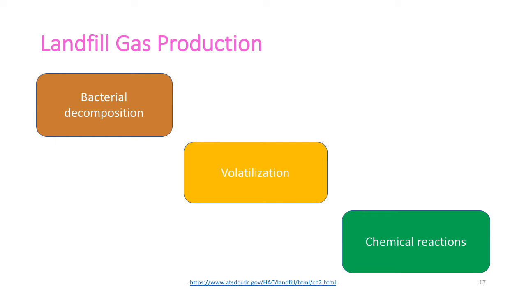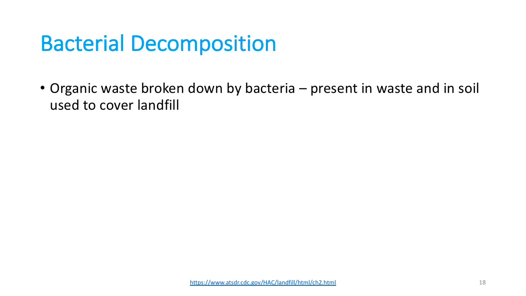Now, moving on to landfill gas production. These are the three processes by which landfill gas is formed: bacterial decomposition, volatilization, chemical reaction. In bacterial decomposition, the organic waste is broken down by bacteria, which is present in the waste and in the soil that is used to cover the landfill.